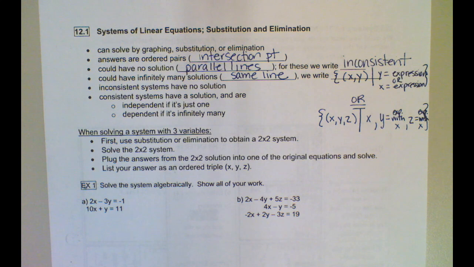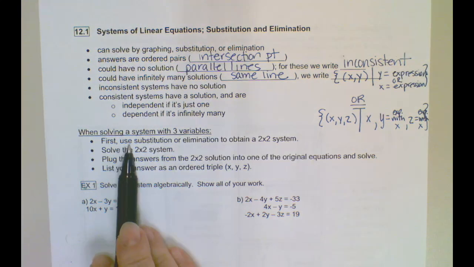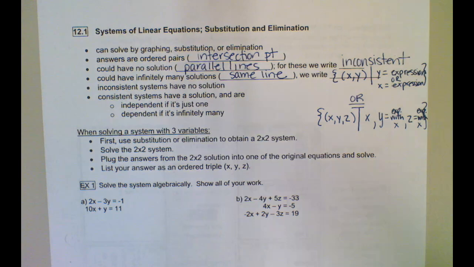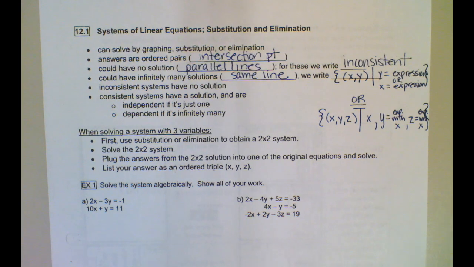When you have 3 variables, so we should know how to solve 2 variable systems with both substitution and elimination. That's a big part of Algebra 1, and you review it in Algebra 2. When we move to 3 variables, your first objective is to obtain a 2x2 system. In order to do that, you have to get rid of one of the variables.